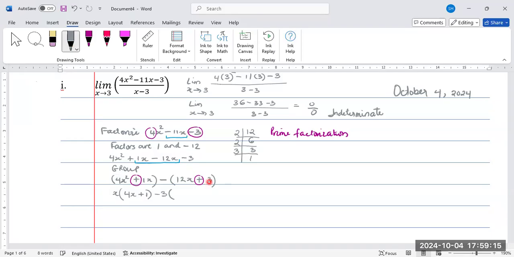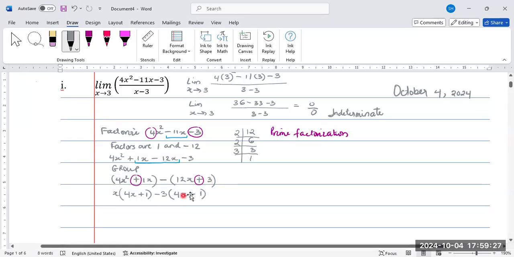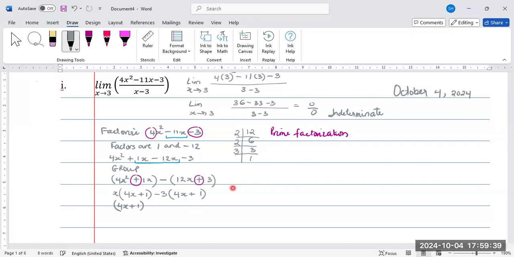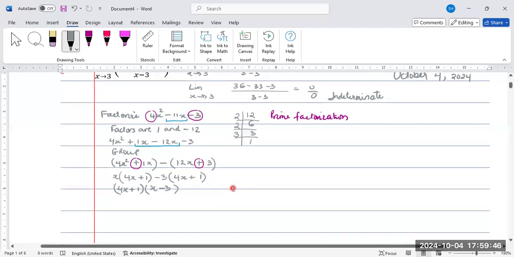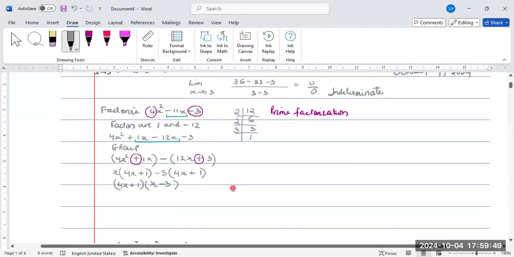What is left? 4x plus 1. What is common here that is common there? 4x plus 1. What is left? x minus 3. Excellent.